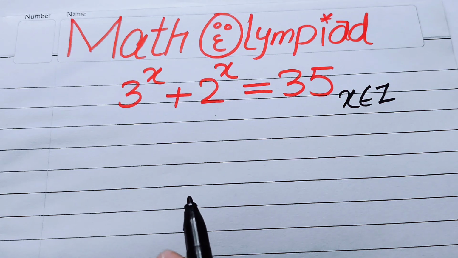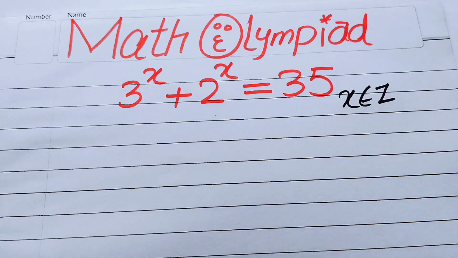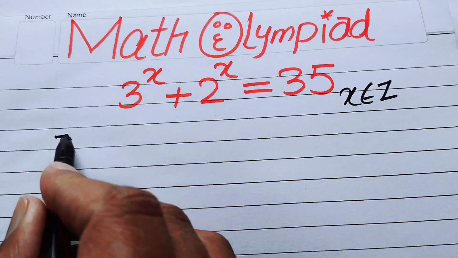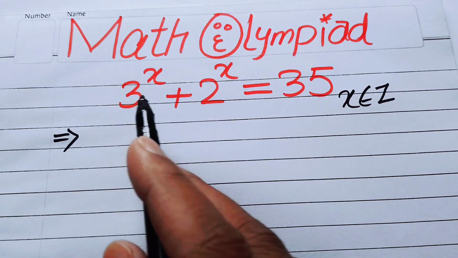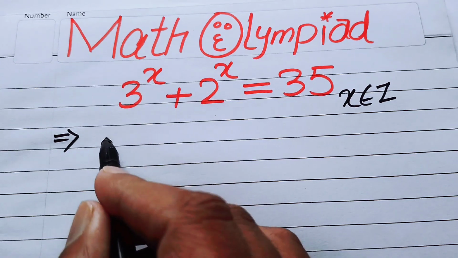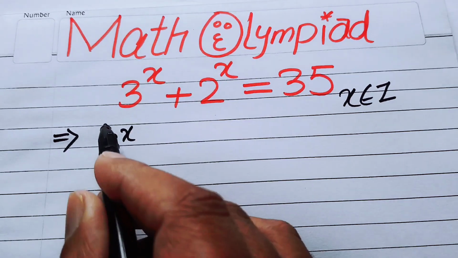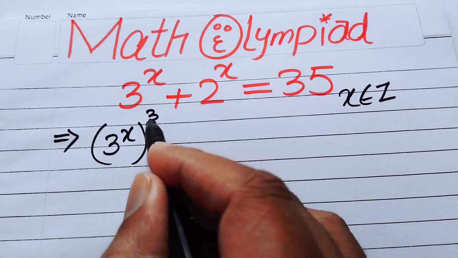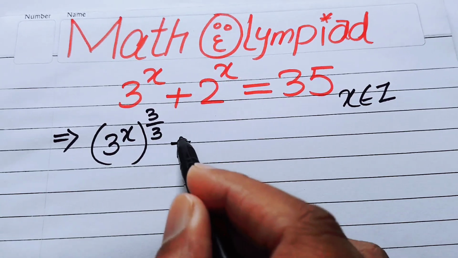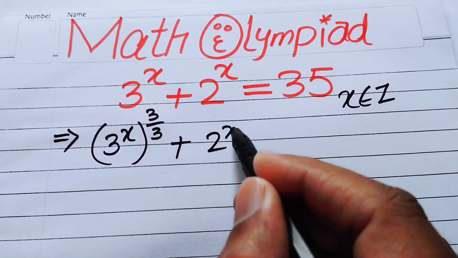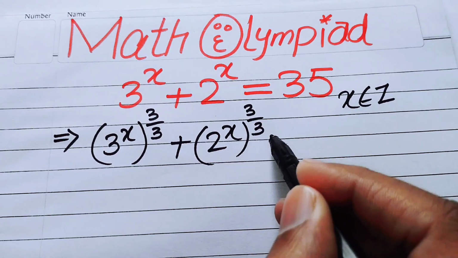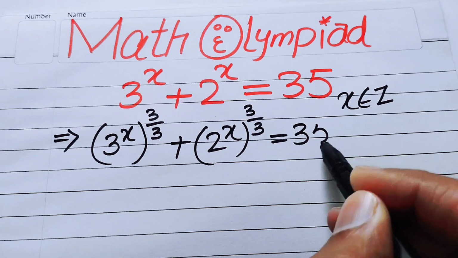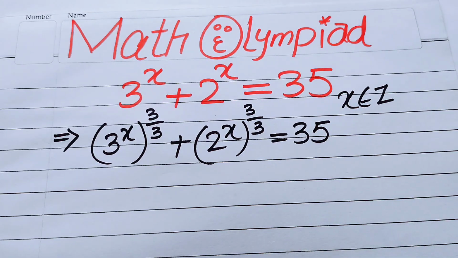So the very first thing we are going to do is multiply the powers of both terms by 3, and we write it as 3 to the power of x and its whole power 3 over 3, plus 2 to the power of x, written as 3 over 3, equals 35.